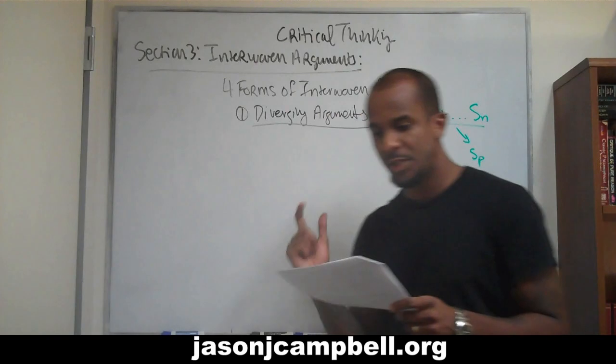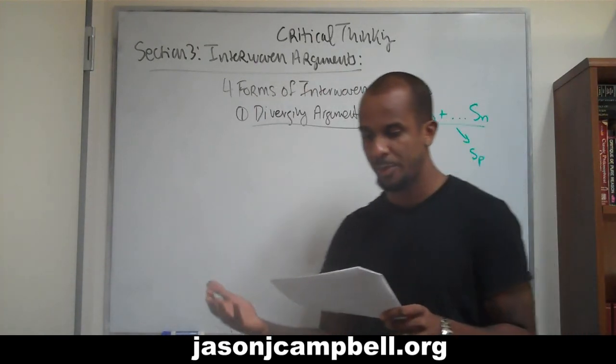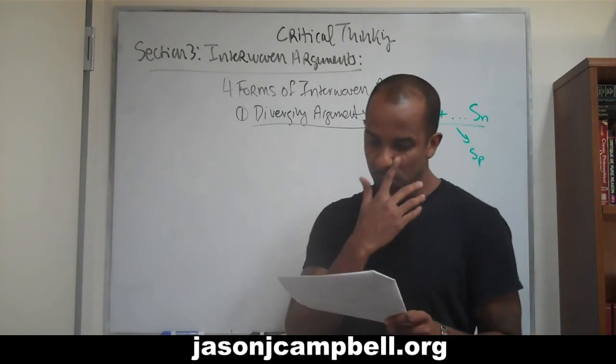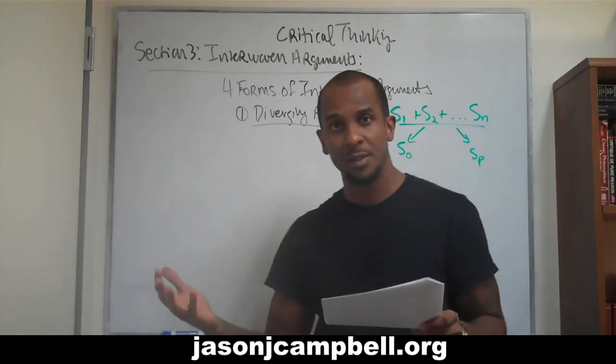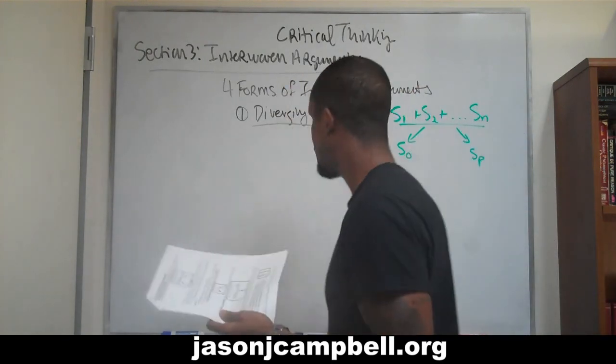So the American dollar is relatively strong with respect to European currencies. This means that European goods will be a bargain, but it also means that we're going to be at a competitive disadvantage. So let's map out this argument.